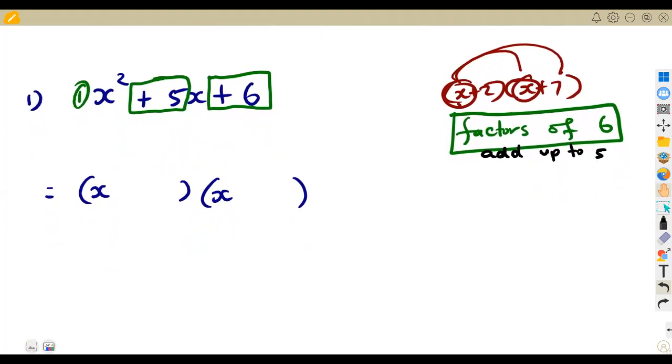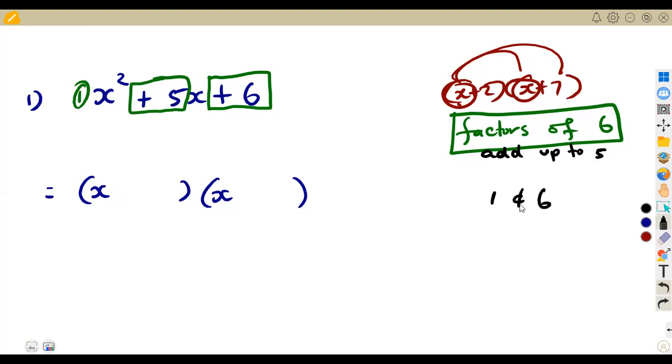So it's a trial and error type of process where you have to try your numbers and multiply them together. There are so many numbers, guys, that you can use to multiply to get 6. Consider this condition: I have a 1 and a 6. If I multiply these two numbers, I get 6. But I said they must add up to 5, and 1 plus 6 is 7, which is not 5.